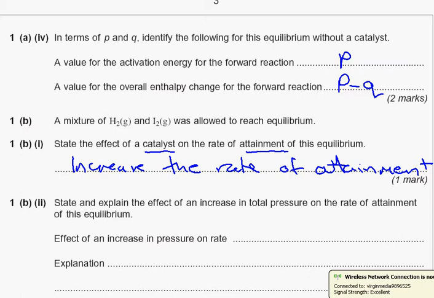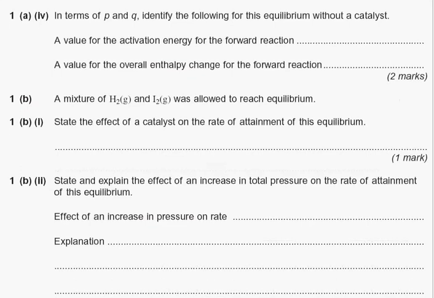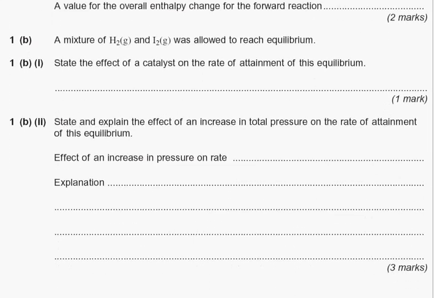Okay, state and explain the effect of an increase in total pressure on the rate of attainment of this equilibrium. Well, let's just clear the screen for a moment and scroll down. Again, you increase the total pressure, and what we had was hydrogen plus iodine.